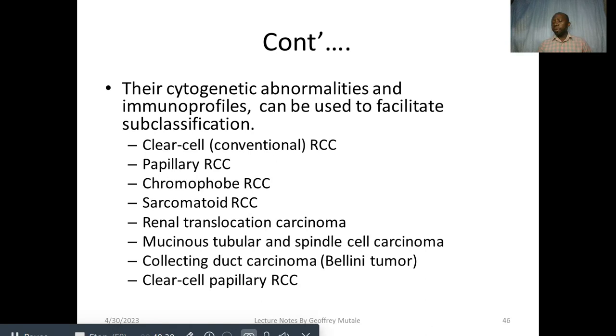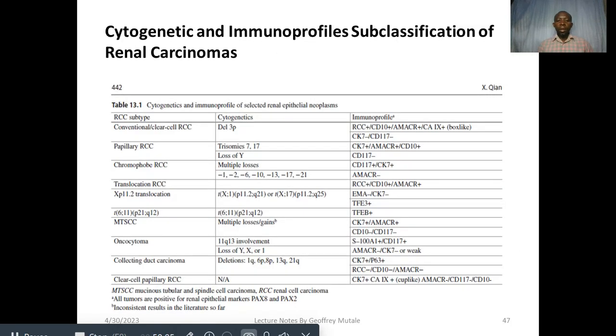In this case, we have the clear cell renal cell carcinomas, the papillary RCCs, the chromophobe renal cell carcinomas, the sarcomatoid, and the list continues. As you can see, we shall be looking at some.